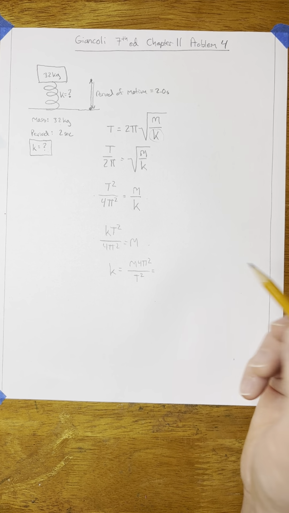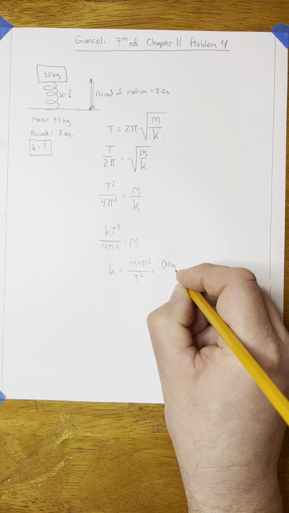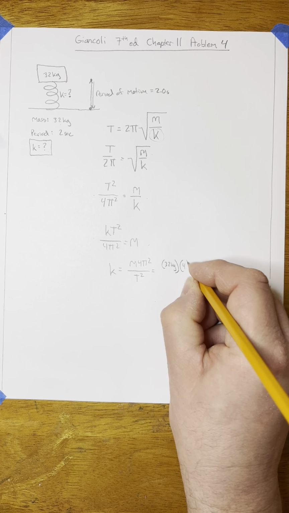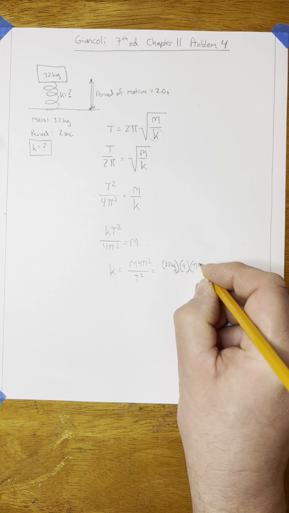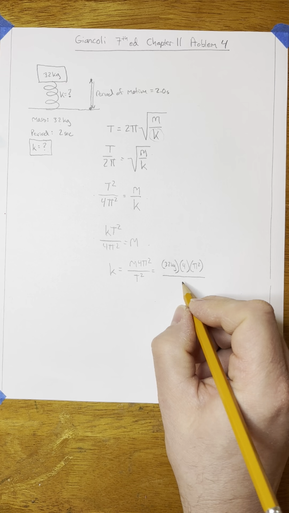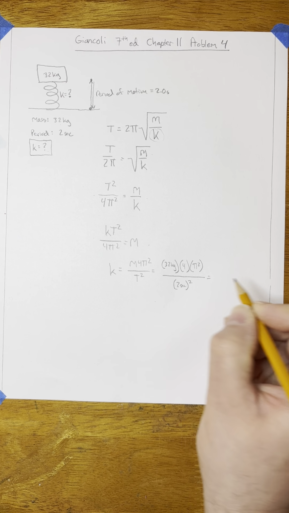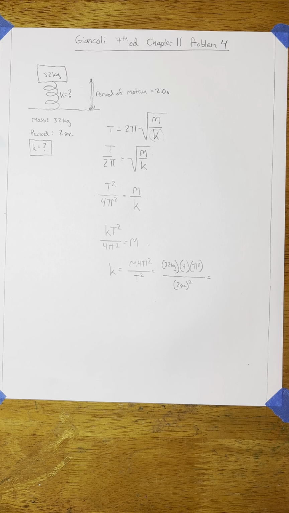And now I'm ready to input my numbers. So I would have 32 kilograms times 4 times pi squared, all divided by the period of 2 seconds squared. And at this point, you can plug that into your calculator.